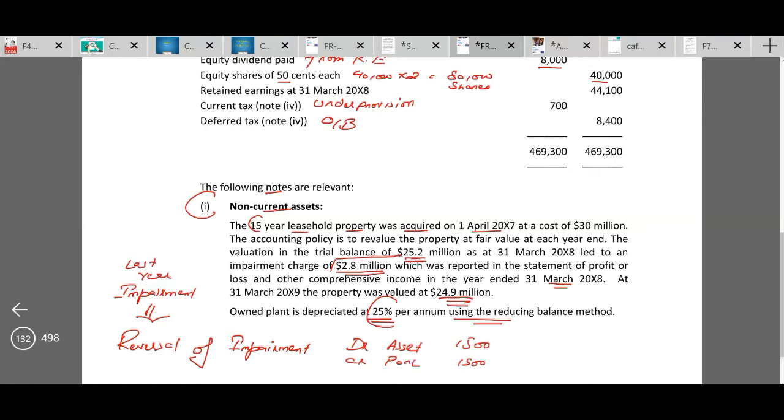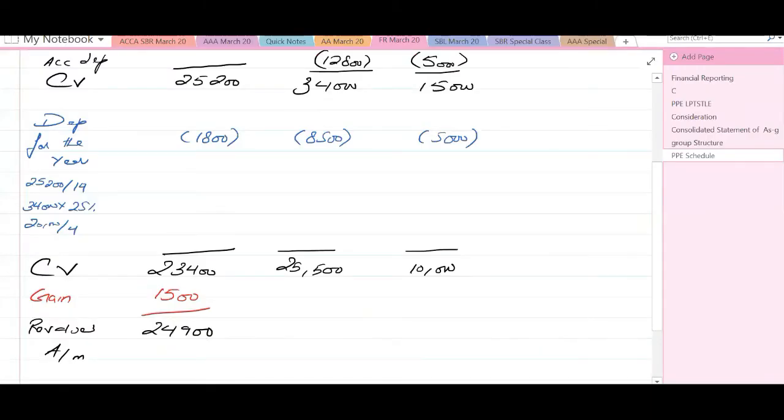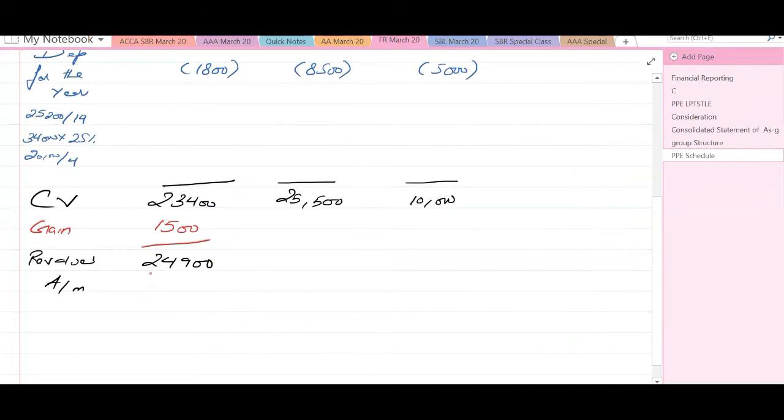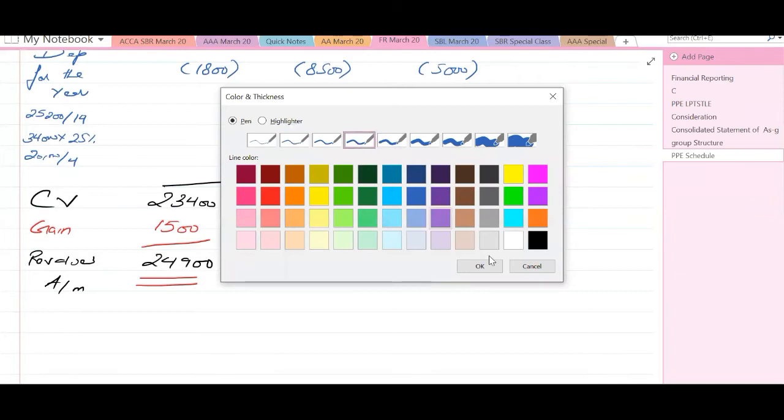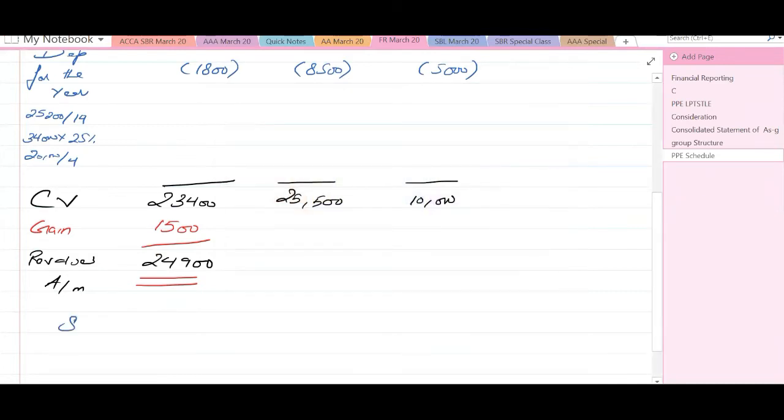It should not be recorded in the revaluation surplus because first of all we have to reverse the impairment. So the $1,500 impairment should be reversed and credited to the profit or loss.